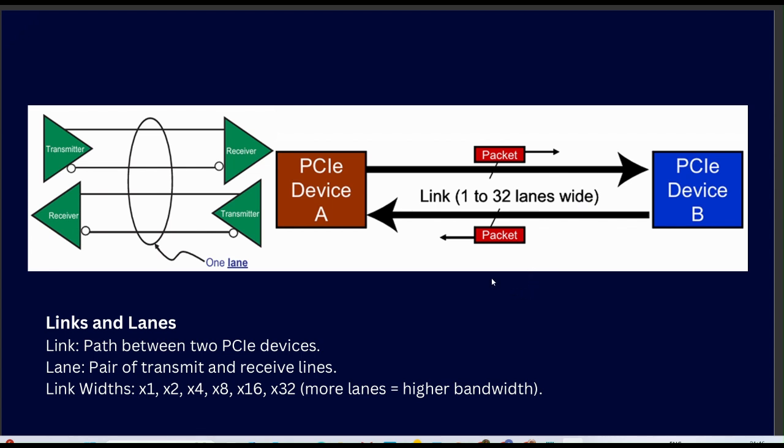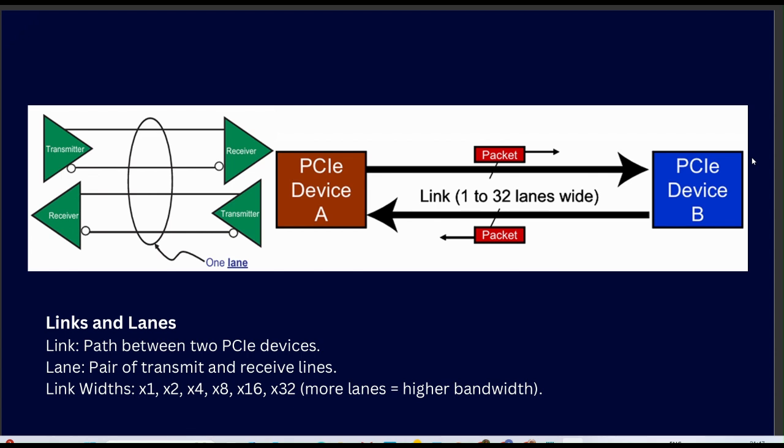Okay, let me explain, Anushka. Just correct me if I am wrong, okay? Actually, PCIe is a serial protocol. It is extended from PCI and PCI-X. PCI and PCI-X are parallel protocols, okay?